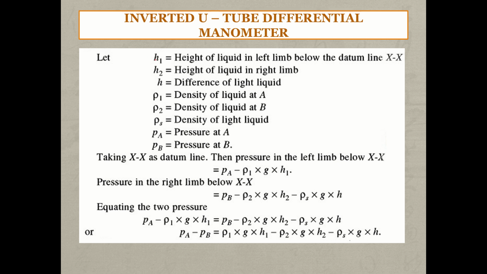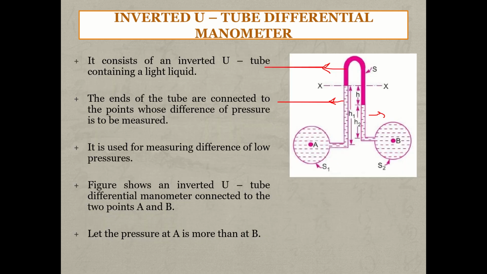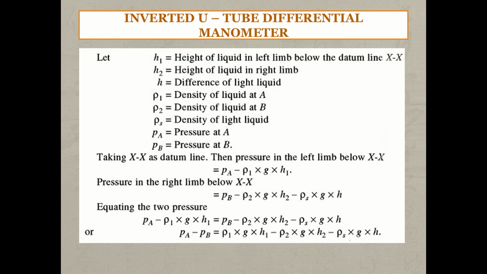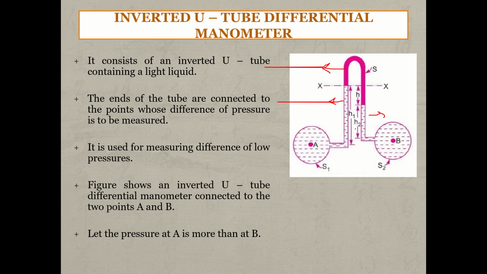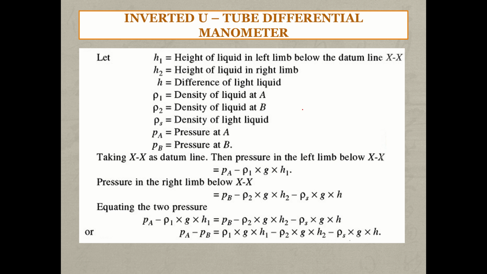So let's see what is h1, the height of the liquid in the left limb below XX. XX is here, and from the center of A till XX in the left limb it is h1. What is h2? Height of liquid in the right limb. From the center of pipe B to the level below XX, the height is h2, and h is the difference of the lighter liquid levels.